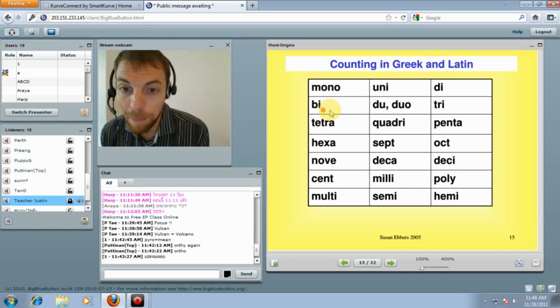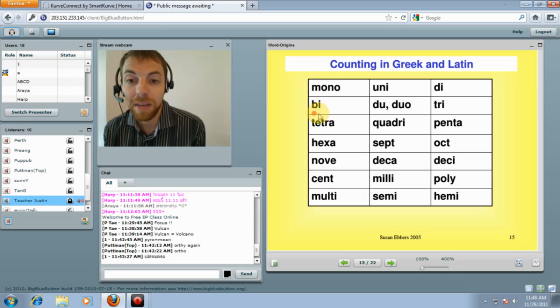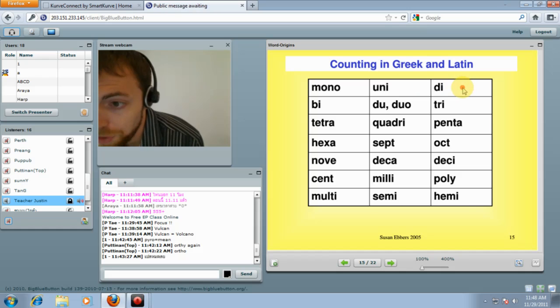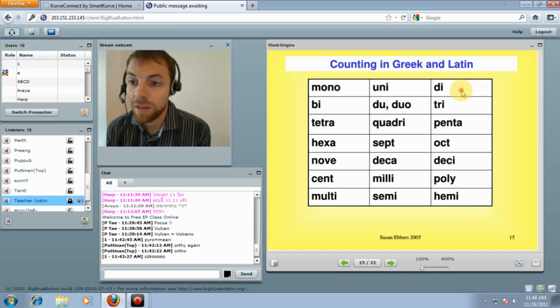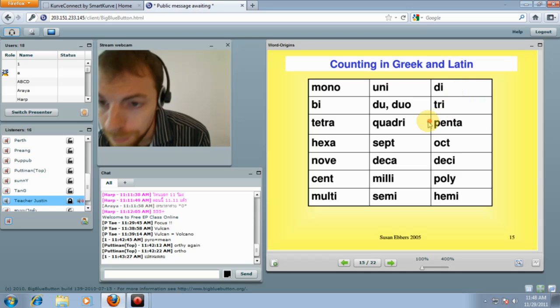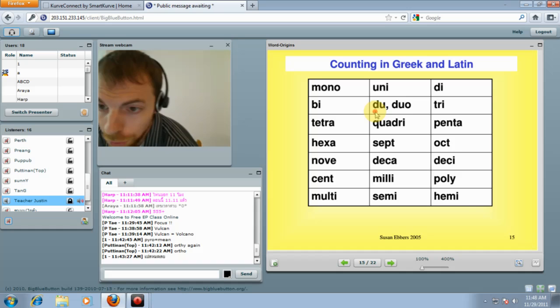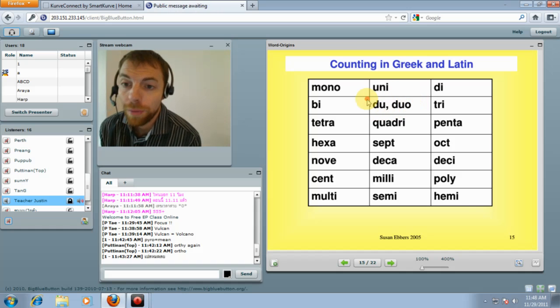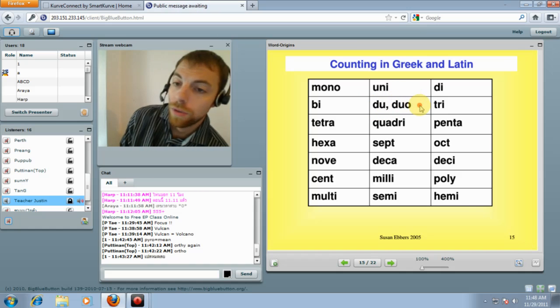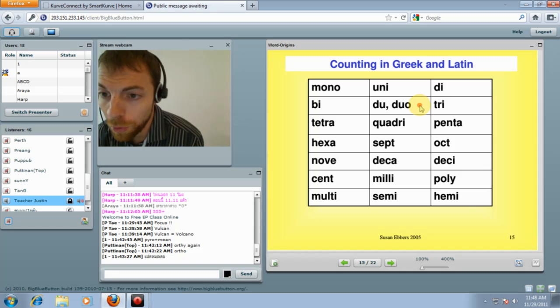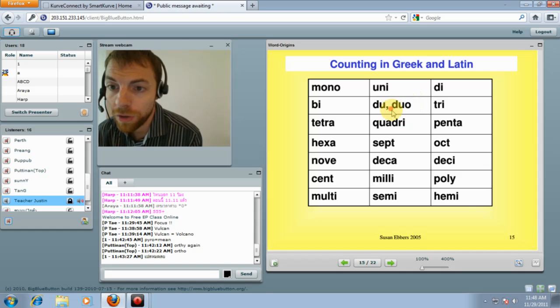But if you ride a bicycle, bi means two. Di also can mean two as well. And du or duo also meaning two. And the word duo, we use this word in English too.